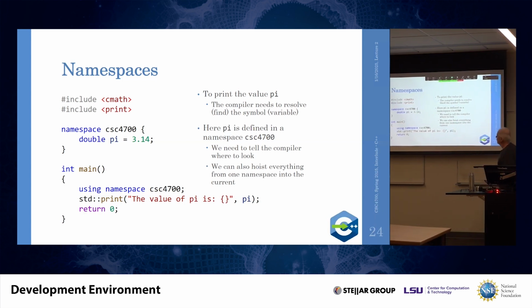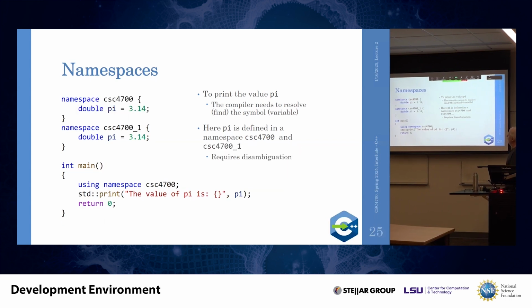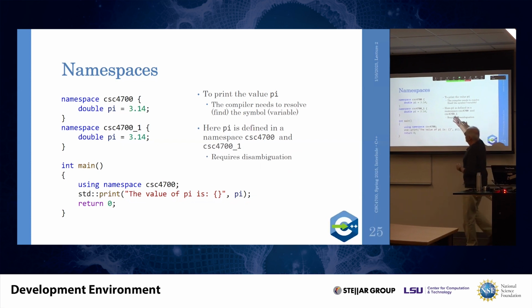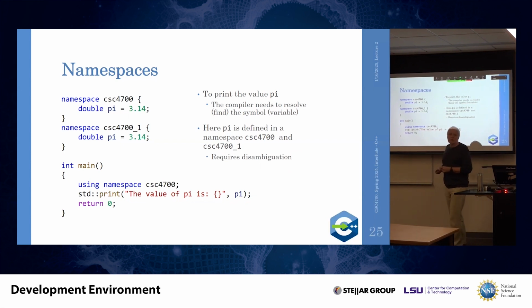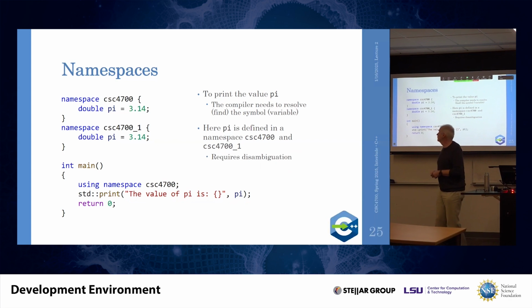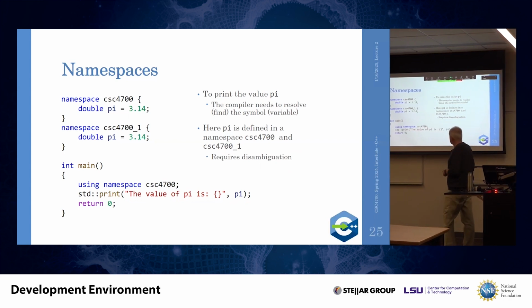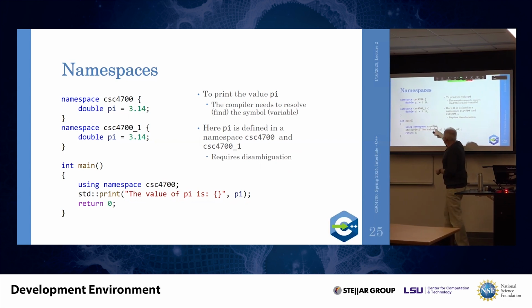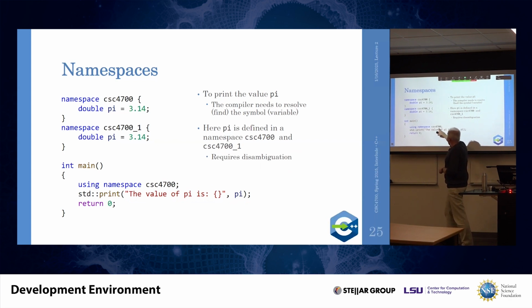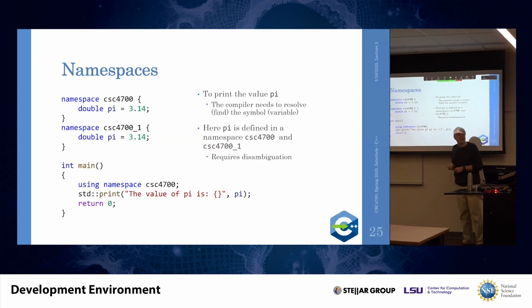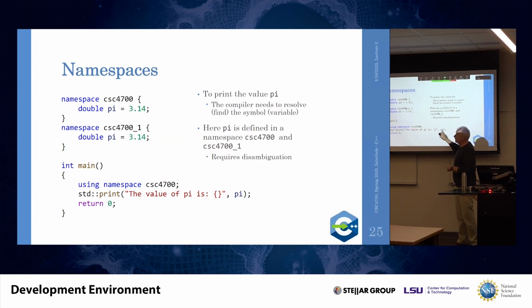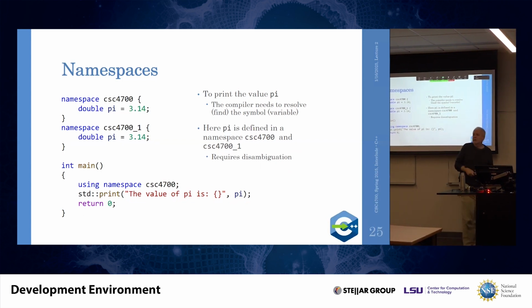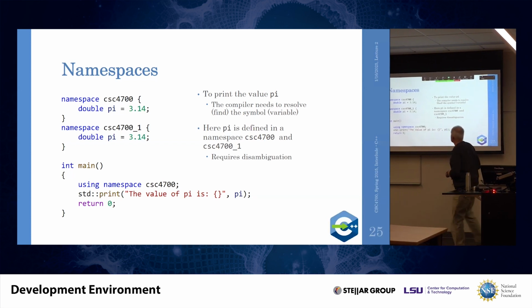So you can hoist everything from one namespace into the current namespace. Last but not least, just to show you that you can disambiguate your variables by defining the same variable name but in different namespaces. Since I tell the compiler, hey, please hoist everything from the first namespace here, this will compile just fine. You certainly could just add the correct namespace qualification here.